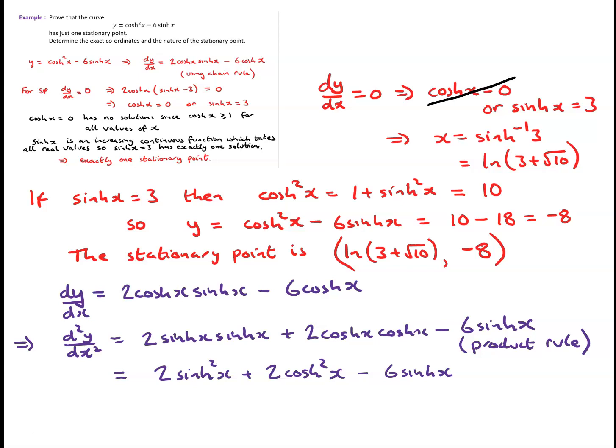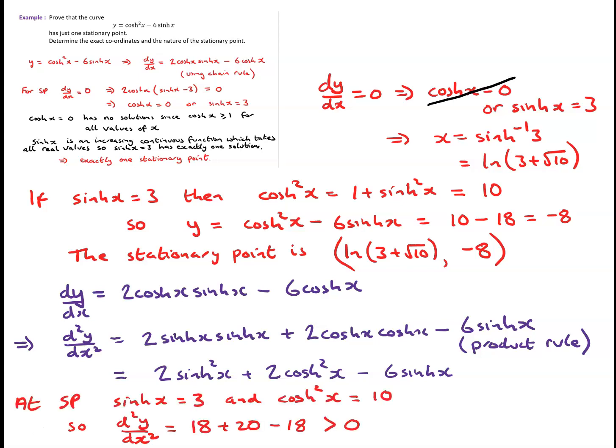So we've got d2y dx squared is equal to 2 sin squared x plus 2 cos squared x minus 6 sin x. Now at the stationary point, we know that sin x is 3 and cos squared x is 10.